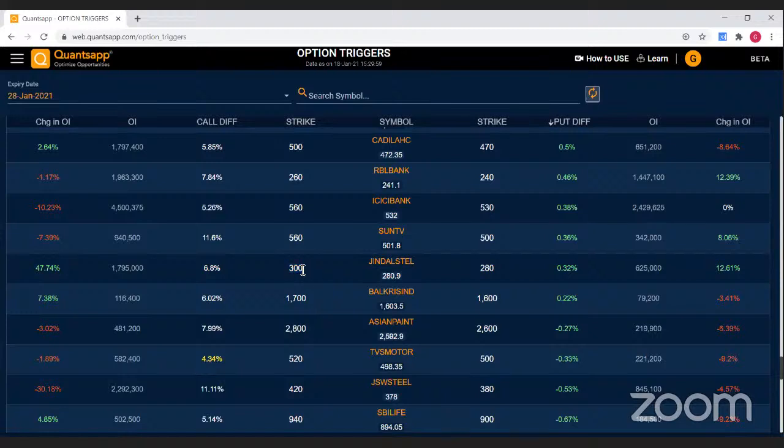At the level of 300, you can see the call writers. कॉल राइटर्स वो होते हैं जो देखते हैं कि प्राइजेस ऊपर नहीं जाएंगे, and if you can see here, almost 45% call writing increase हुई है, meaning call writers are increasing their positions, thinking that prices won't go further than this strike level. So the call writers are heavier on this part in Jindal still.